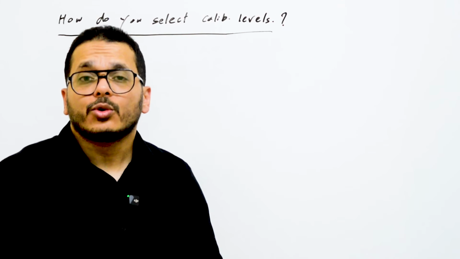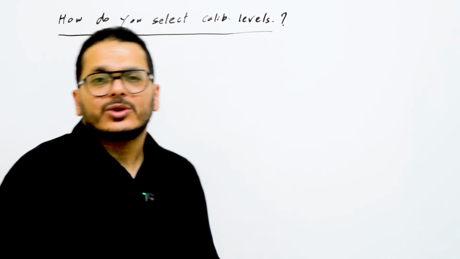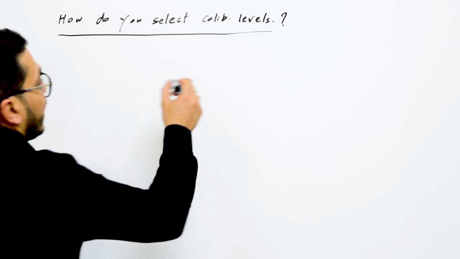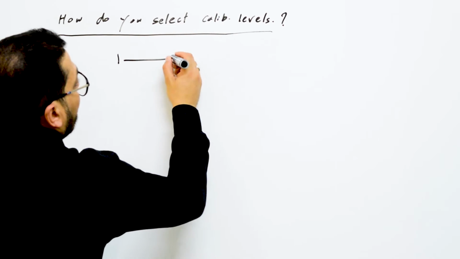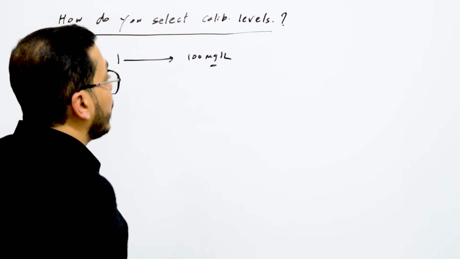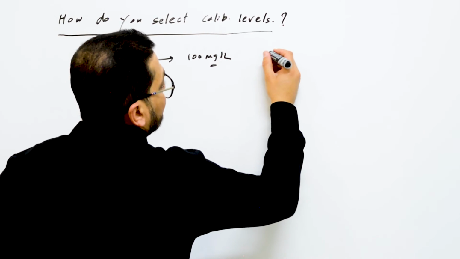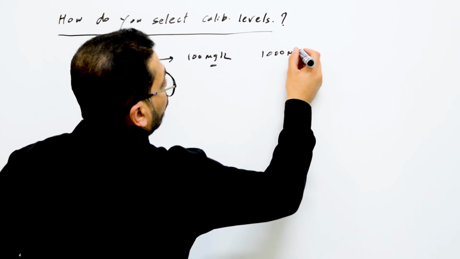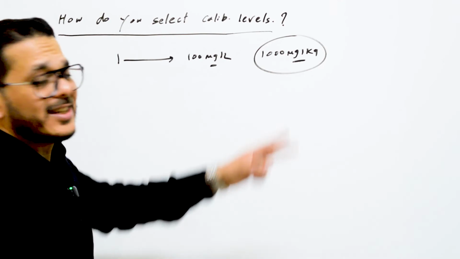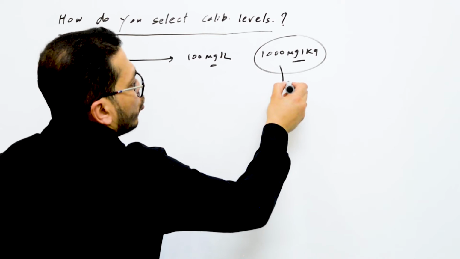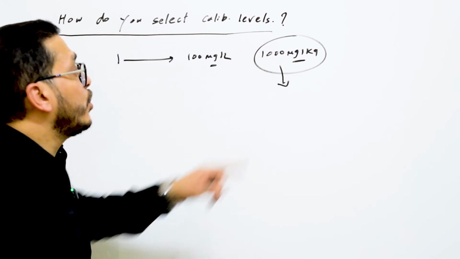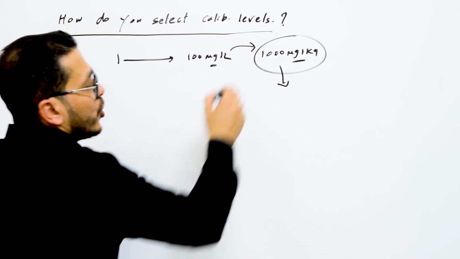And very important also, you should know how to dilute the sample to be in between the calibration levels. As an example, if the calibration levels are from 1 up to 100 microgram per liter, 100 ppb, and you got 1000 microgram per kilogram in the sample on the instrument, you are not 100% sure that this concentration is right because it's out of your calibration levels.